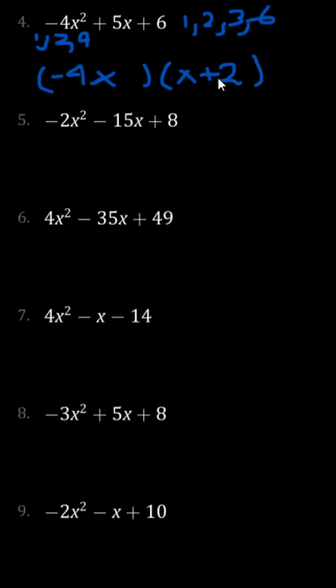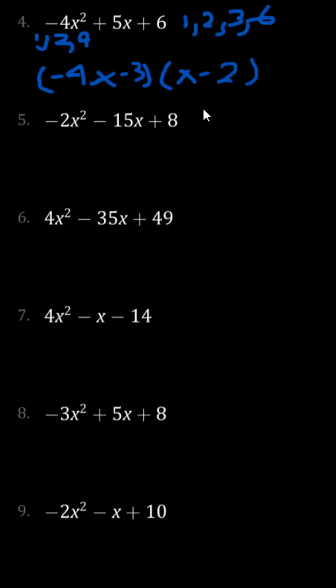This will give us, well, -2, not just regular 2. -2, this will give us +8x. So now we have to reduce that by 3, which is perfect. So we just have to subtract 3 here. And that's the factors for that one.